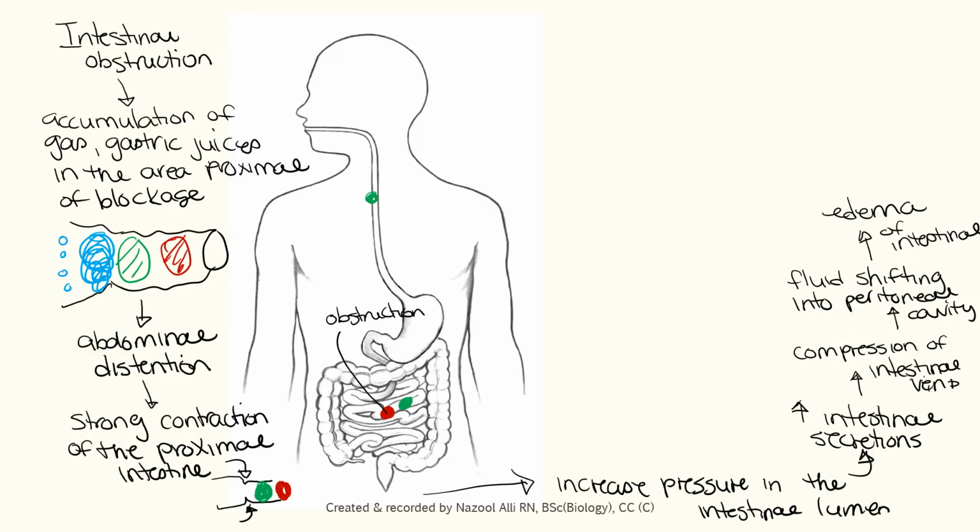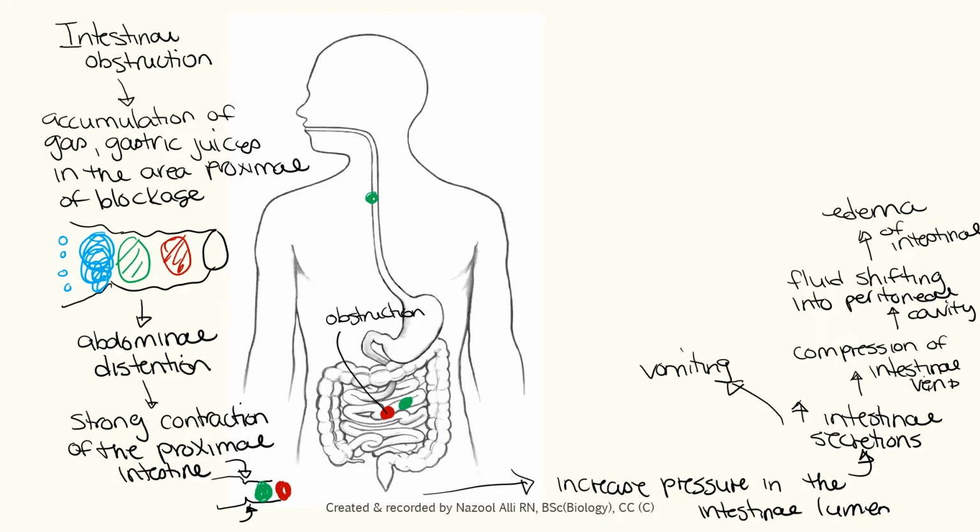So because of this fluid shift, and I also don't want to lose sight, once you have that increase in the pressure in the lumen, the obstruction, and the increase in the intestinal secretion, all of this is now going to also lead to vomiting. So remember the GI tract has two openings, the mouth and the anus.